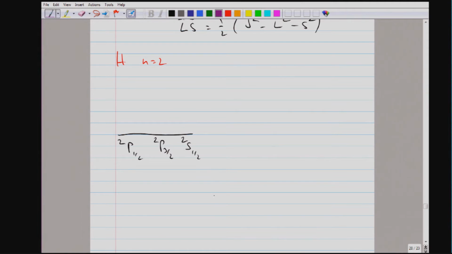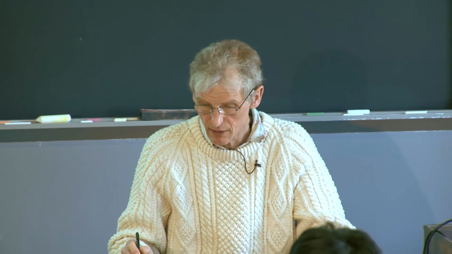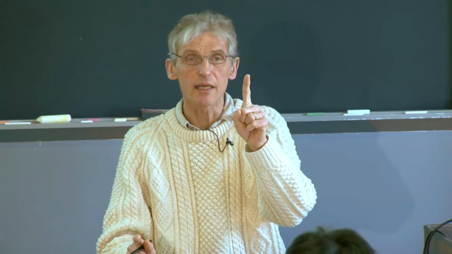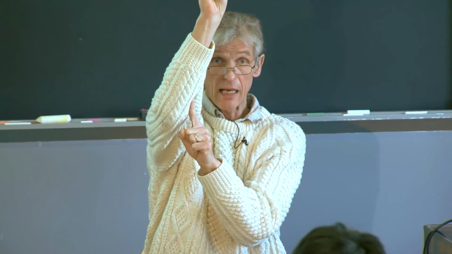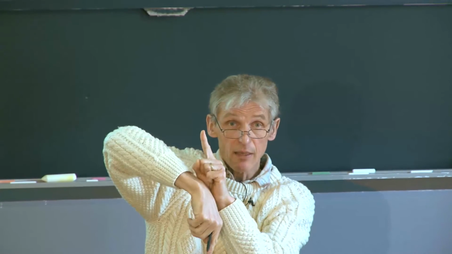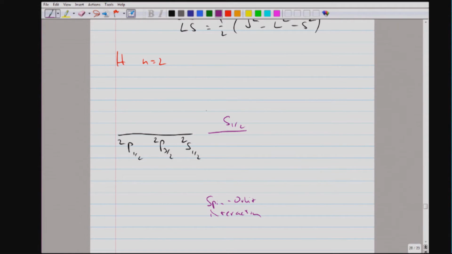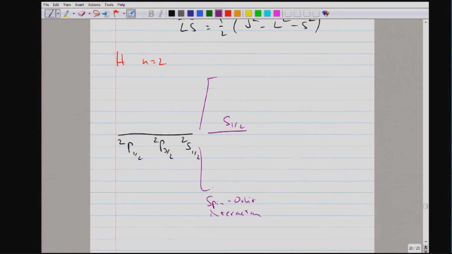If we now put in spin-orbit interaction, well, nothing of course happens to the s1/2 state because it has no orbital angular momentum. In the p3/2 state, L equals 1 unit of orbital angular momentum, and the spin are aligned. In the p1/2 state, they are anti-aligned. So the two terms have opposite shifts. The p3/2 state is shifted up, and the p1/2 state is shifted down.